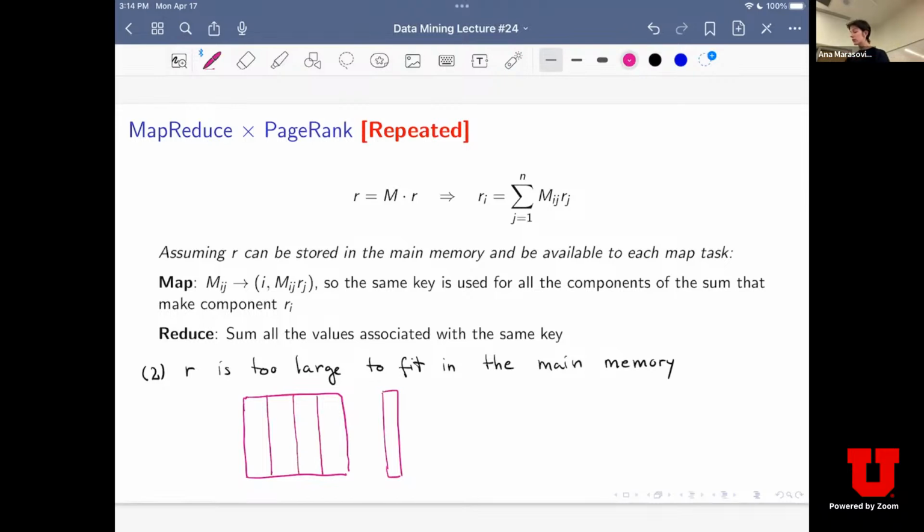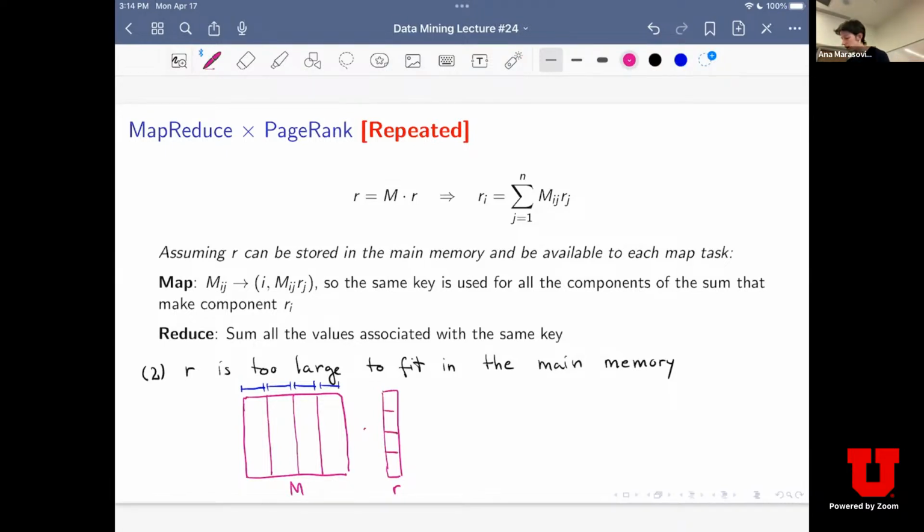Okay, each one of these chunks will have the same number of columns. So you are dividing your matrix M into vertical stripes where each stripe has the same width. And you're also going to divide your vector R into the same number of chunks. So here 4, but you're going to divide vector R horizontally.